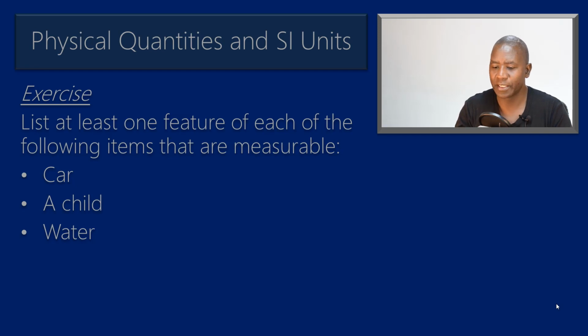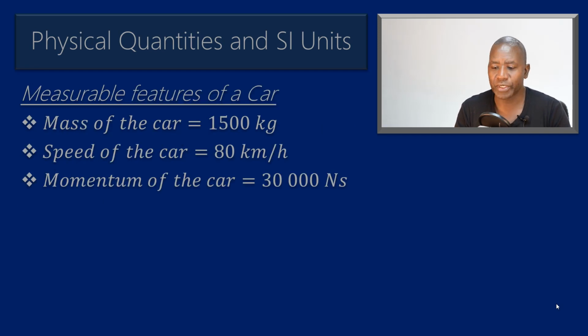Okay, welcome back. Let's look at the car. You can talk about mass of a car being equal to 1500 kilograms. Mass is the physical quantity, the item is the car, 1500 is a number, kg is a unit, and 1500 kg is the magnitude of that physical quantity. It is the magnitude of the mass.